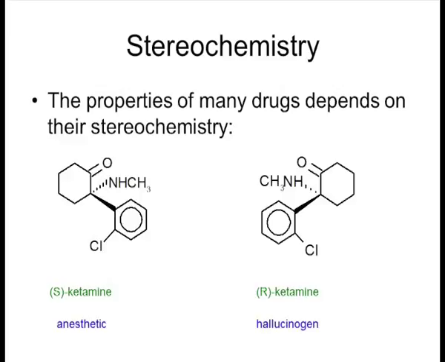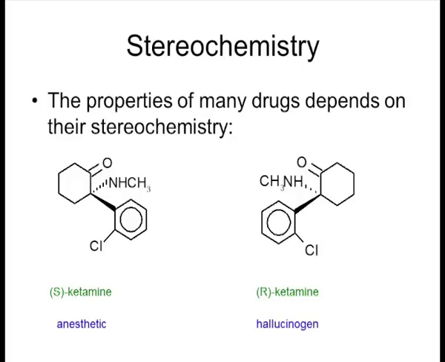So, just by changing the orientation in space, one compound has one type of biological activity, and the other enantiomer is totally different. So, controlling and maintaining stereochemistry, and knowing the absolute stereochemistry, is very important, not only for whether the compound will be biologically active or not, but also for what type of biological activity it will have.